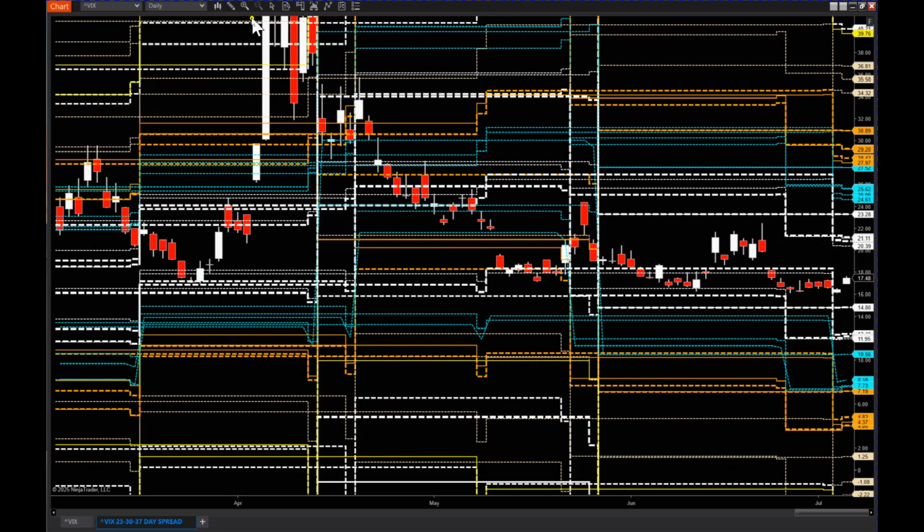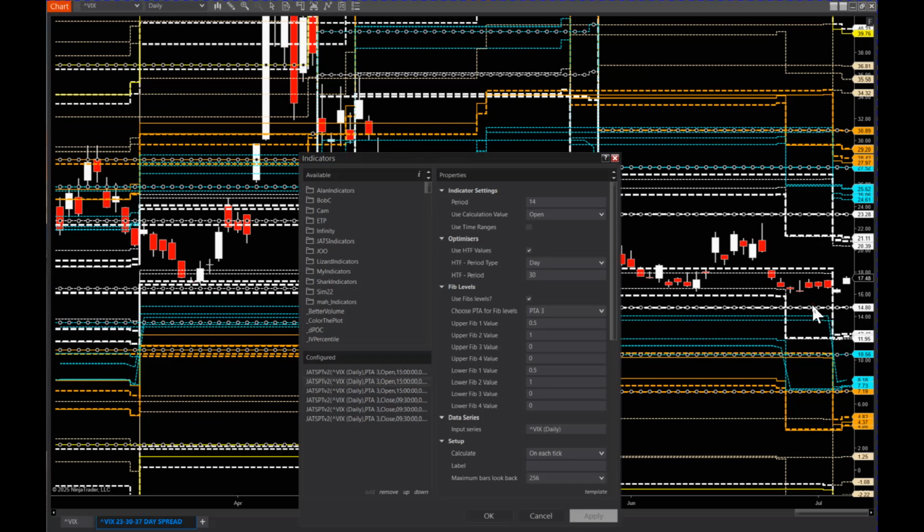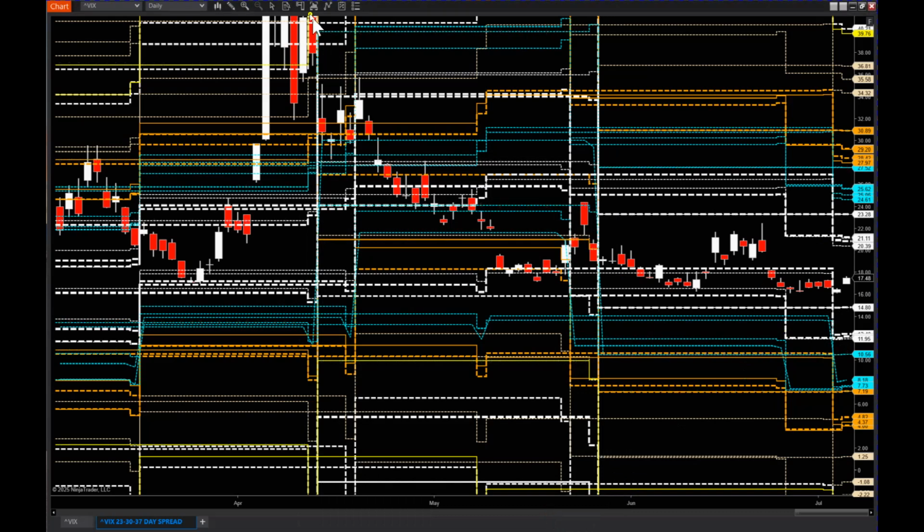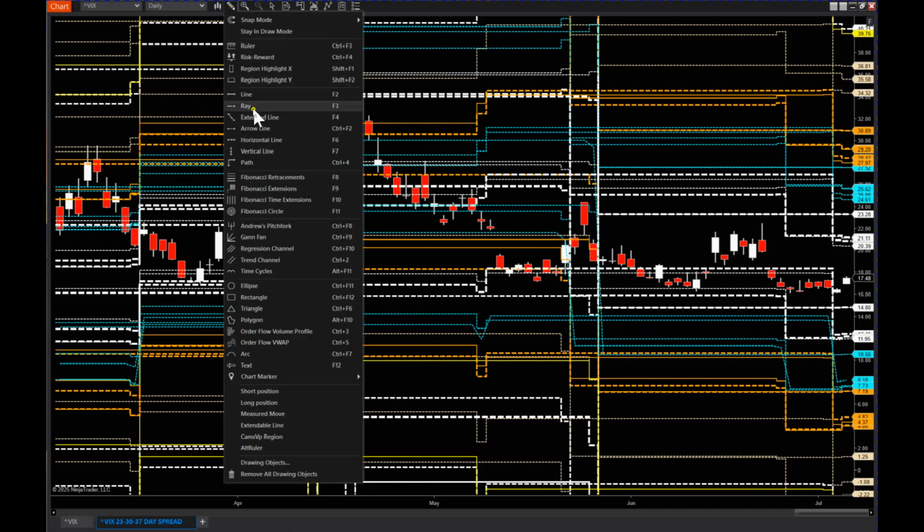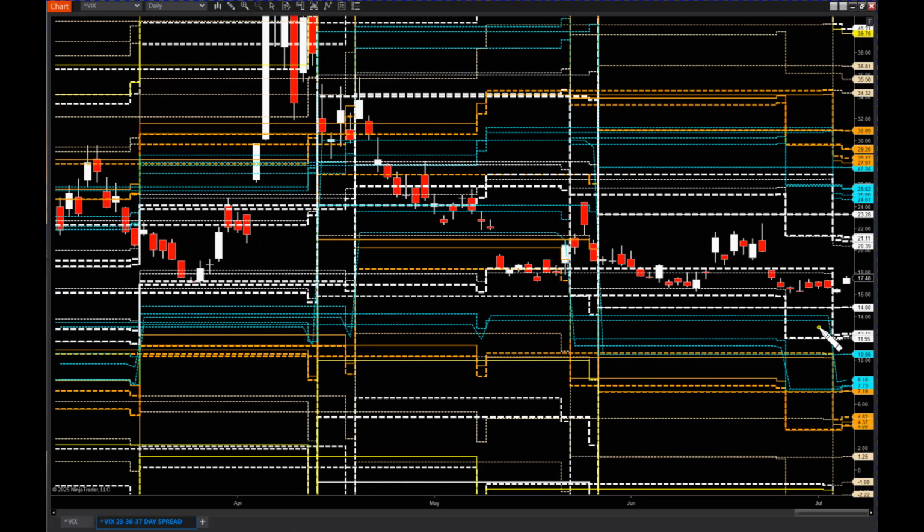In fact, we can show you, let's see, this distribution here is the 30 day, the benchmark. So let's fib that and find the middle of that range, the 30-day range. 14.80, 23.28.